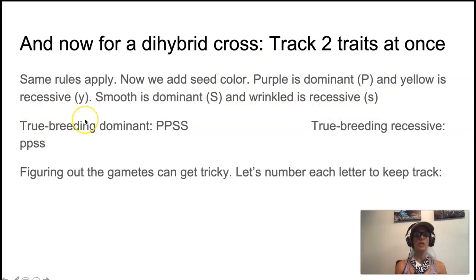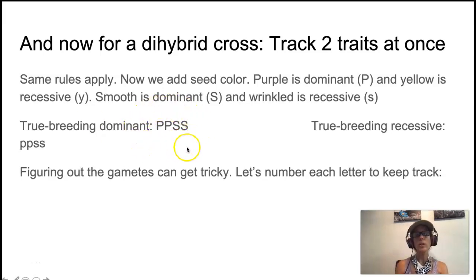So a true breeding dominant has to have 2 dominant alleles for color and 2 dominant alleles for shape. Likewise, the true breeding recessive has to have 2 recessive alleles for color and 2 recessive alleles for shape.